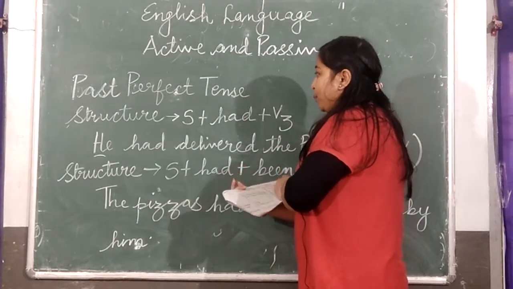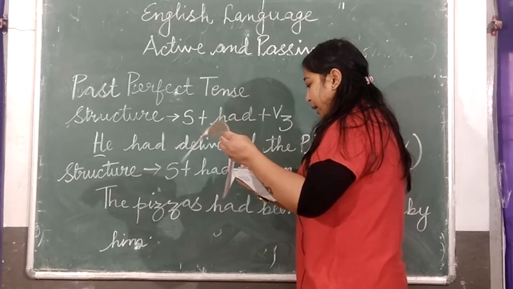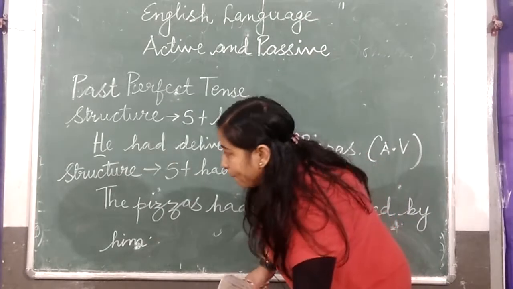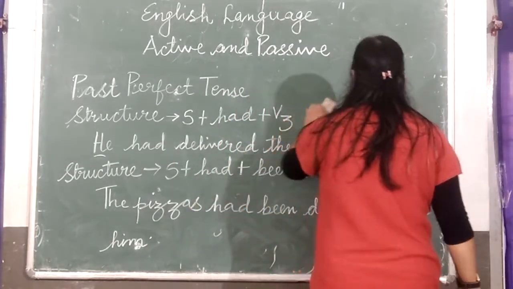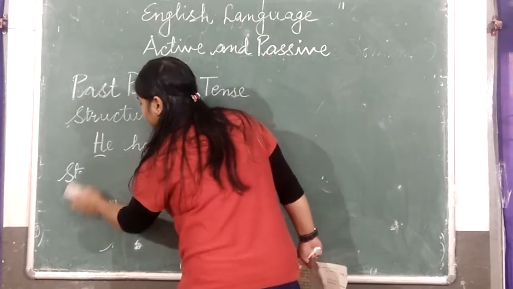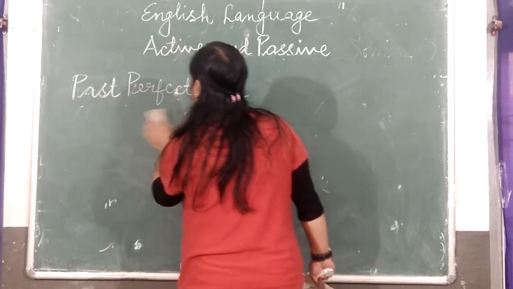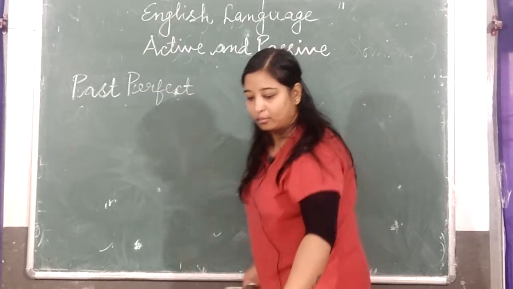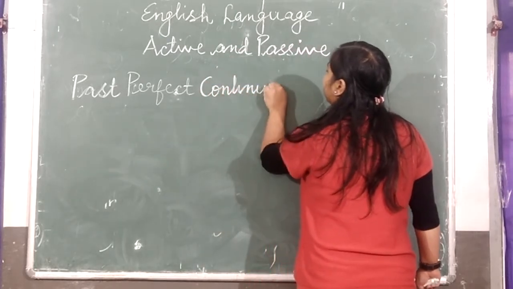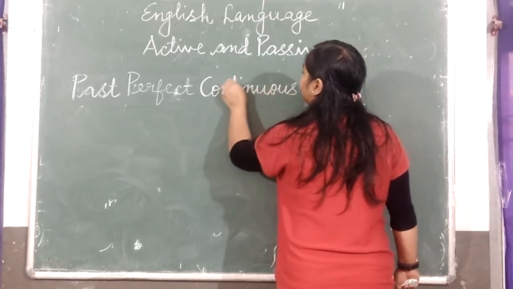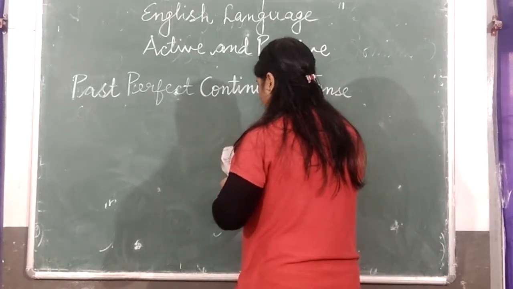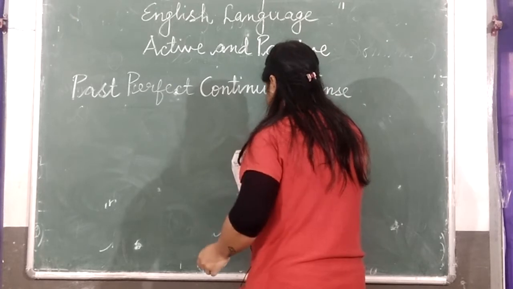Okay, now past perfect continuous tense. Okay, so children, the structure goes like this.